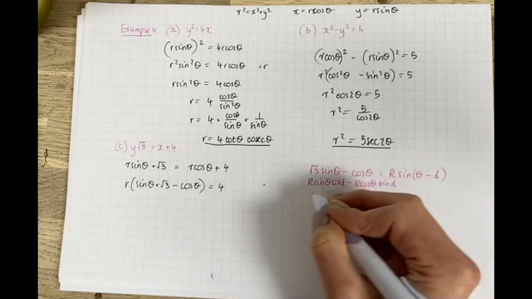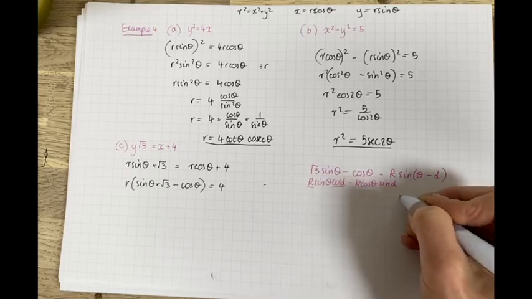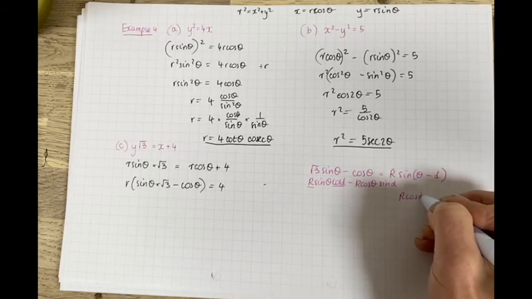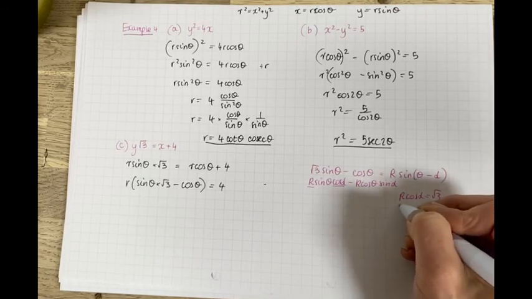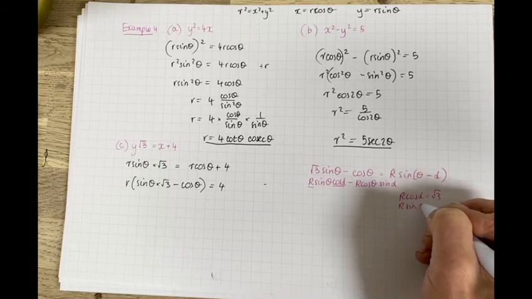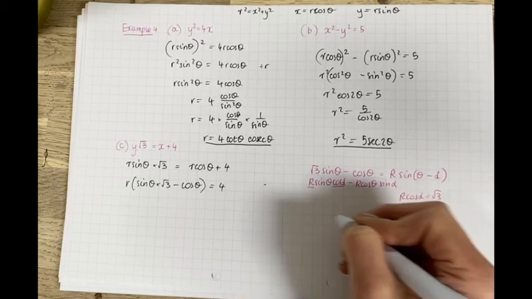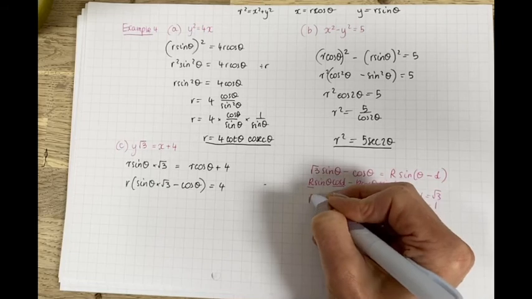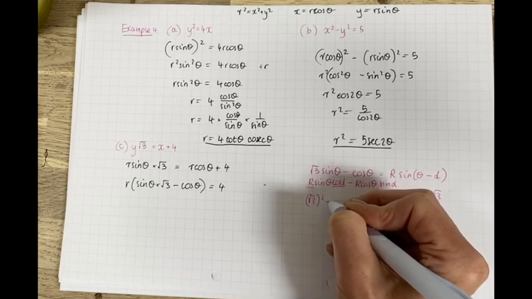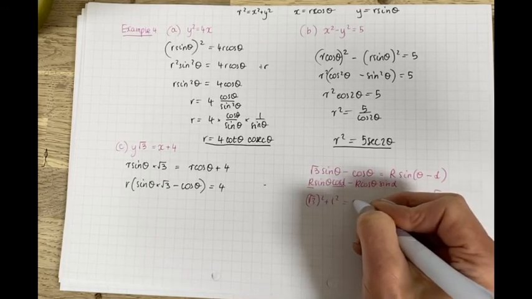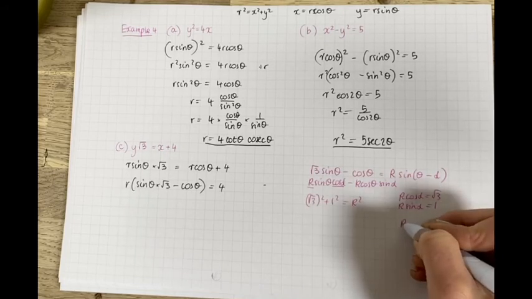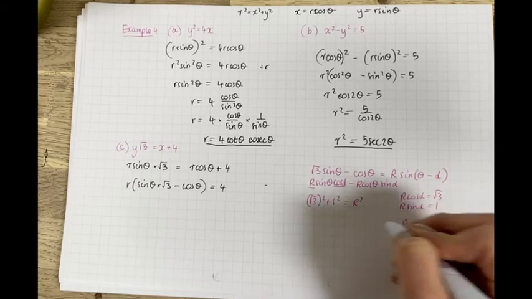So you've got r cos alpha is equal to root 3 and r sine alpha is equal to 1. You've got root 3 squared add 1 squared is equal to r squared, so r is equal to 2.